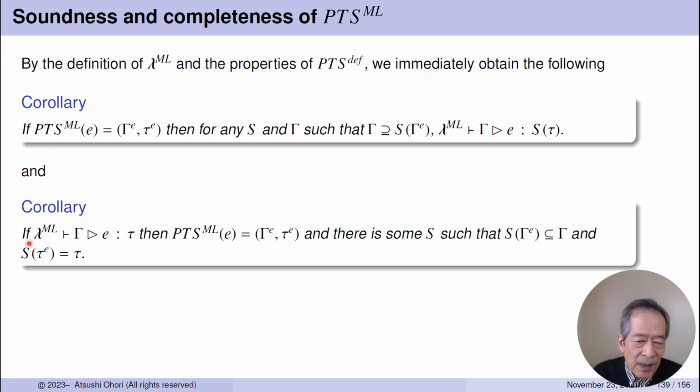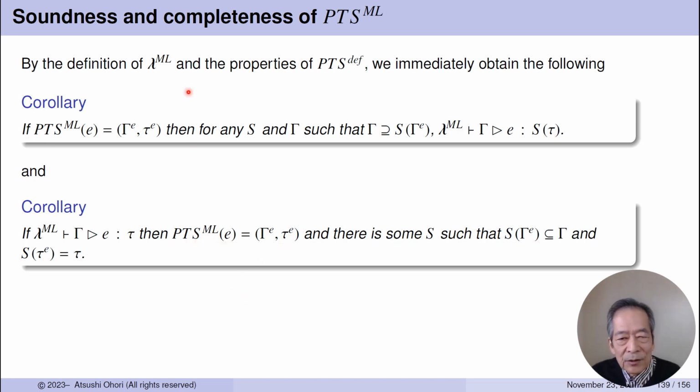Conversely, if there is some typing under this type system, lambda-ML, then PTS ML succeeds with some typing, and there is some substitution such that this equation holds, meaning that this given derivation is an instance of this PTS ML typing.